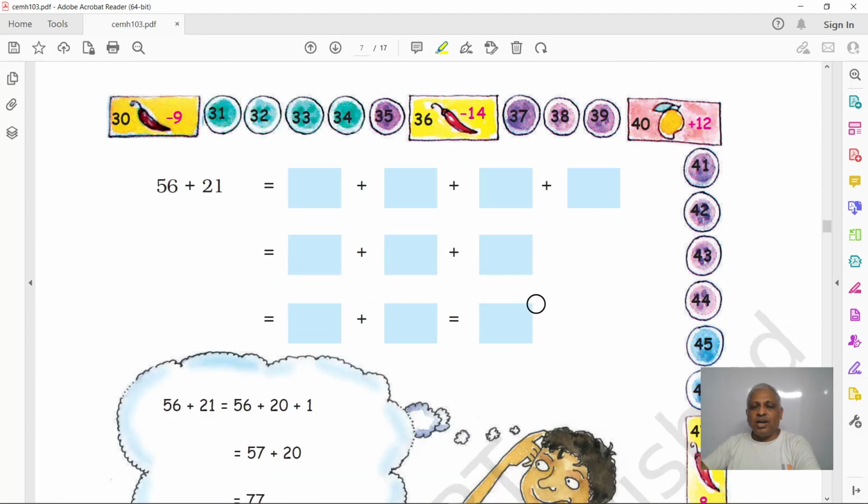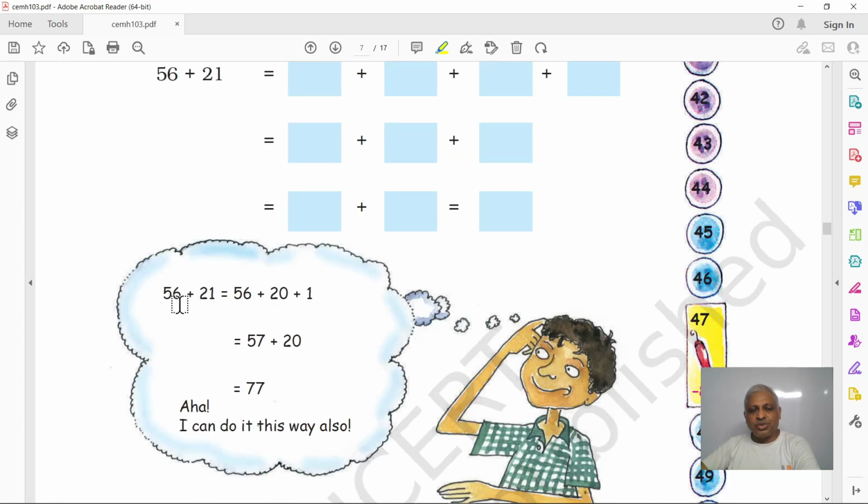And how do you add 56 plus 21? One method is shown. 56 plus 21 is 56 plus 20 plus 1. This 1 you add to the 56, so it will be 57. 57 plus 20, 67, 77.